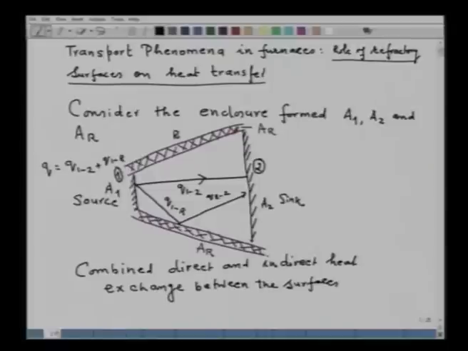So, now let us see, of the total energy leaving from A1 to A2, because A1 is at higher temperature, it is the source, and A2 is the sink. The energy will leave from A1 and will strike A2.